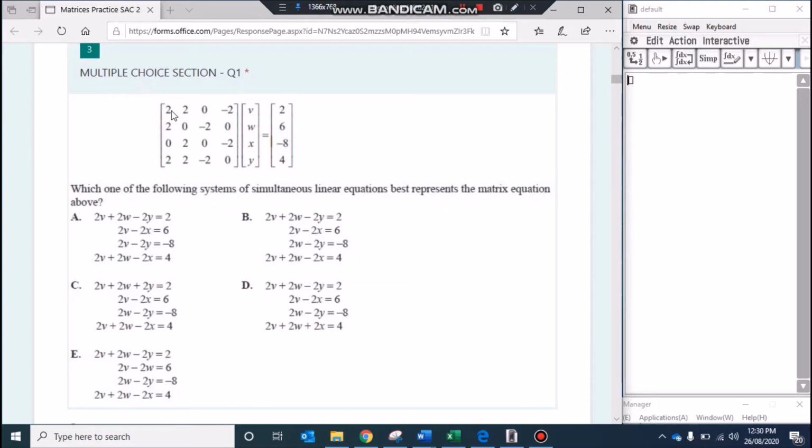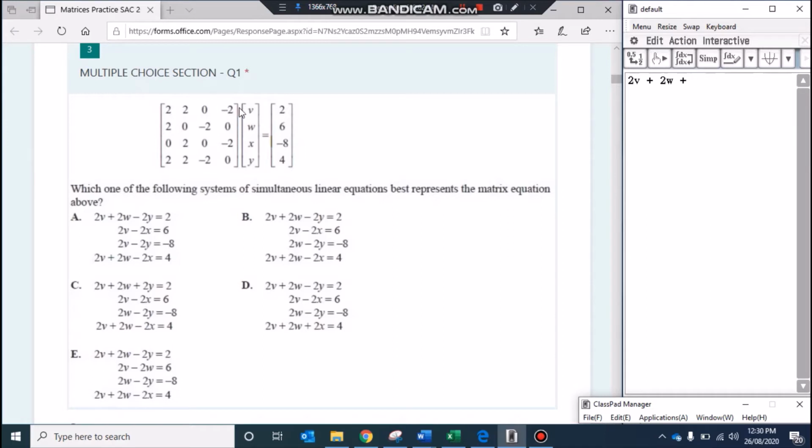If you think about this in terms of matrix multiplication, your first equation will be 2 times v. So we're going to have 2v plus 2w plus we've got 0 times x, so we're not going to bother with the x component.